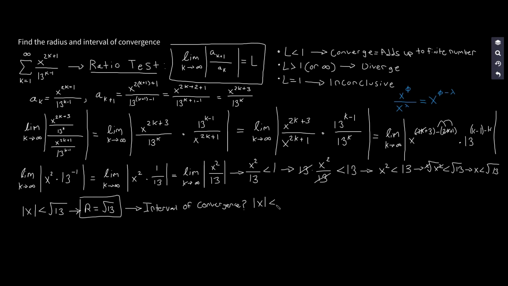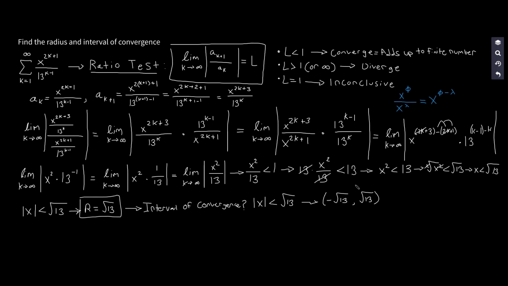The absolute value of x is less than the square root of 13. This is an open interval. This gives us the open interval, negative root 13 and root 13. Those are the numbers on the number line.